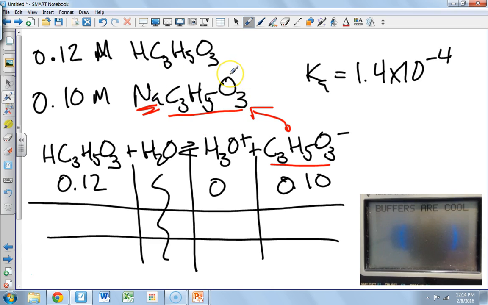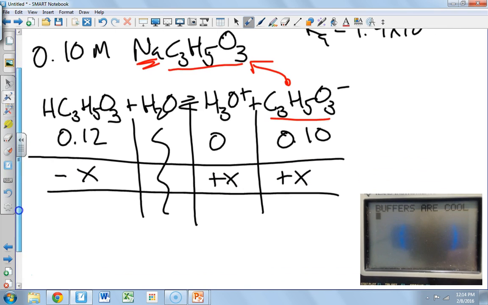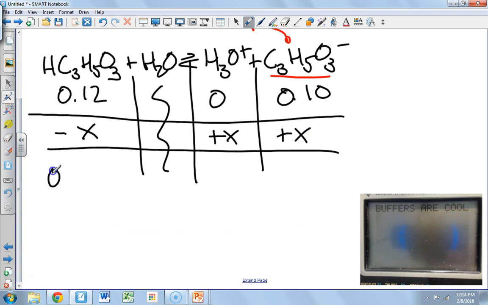So it has a concentration equal to the concentration of the solution. Now we always shift to the side that has a 0, so we do minus x, plus x, plus x. Since we're trying to find the pH, we get 0.12 minus x, x, and 0.10 plus x.